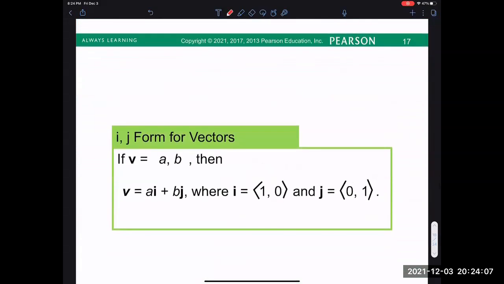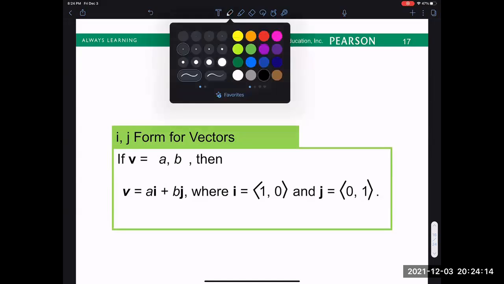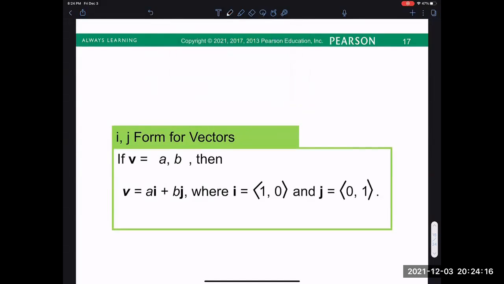So here's the formal version of this. Oh, and I forgot to write my little boxes around these, so I'll do that right now in front of you. If v equals the vector AB, then v can be written as A times I plus B times J, where I is, as we defined above, the unit vector 1, 0, and J is the unit vector 0, 1.